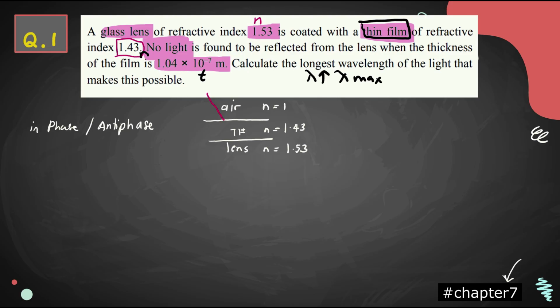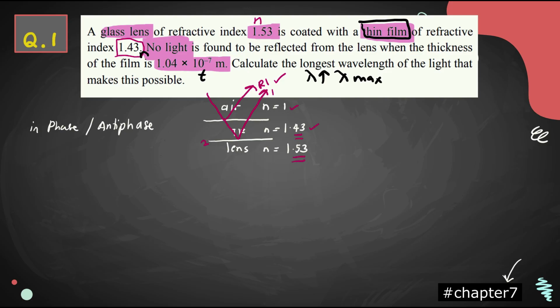So the first reflected ray is coming from 1 to 1.43. So it is from less dense to denser, meaning that the reflected ray number 1 has a phase change. Then for the second interface, it is coming from 1.43 to 1.53, again from less dense to denser.